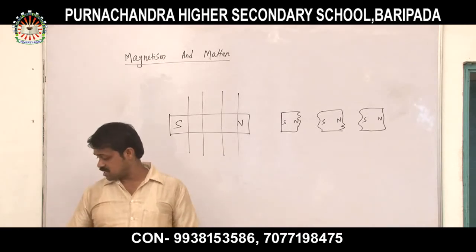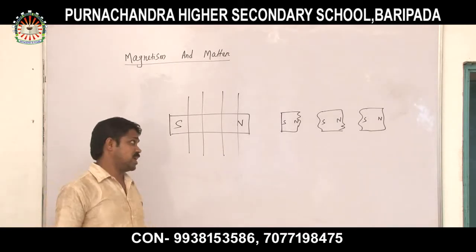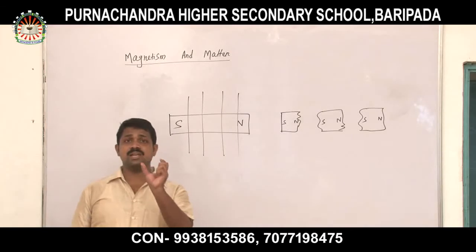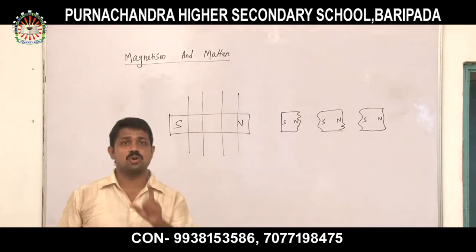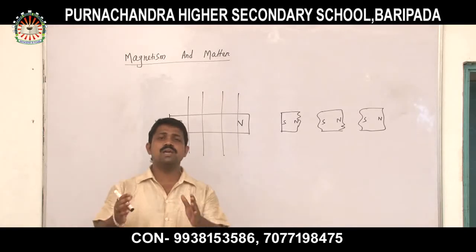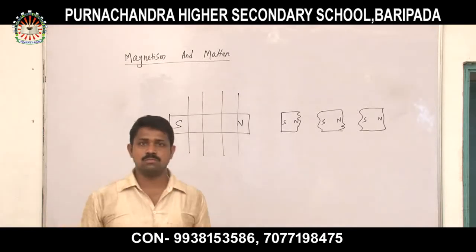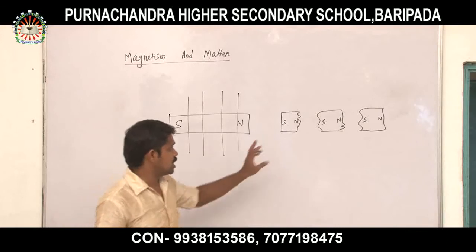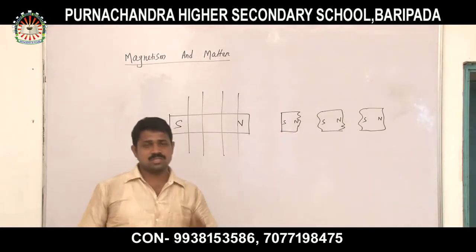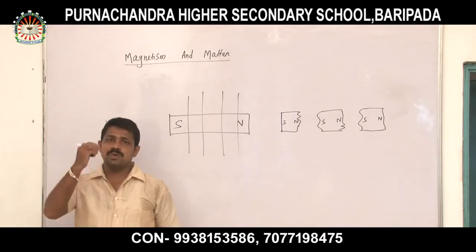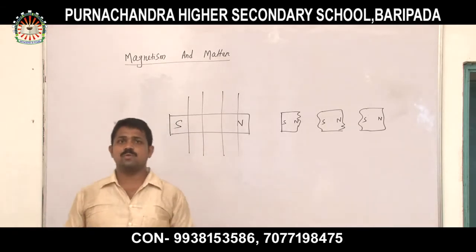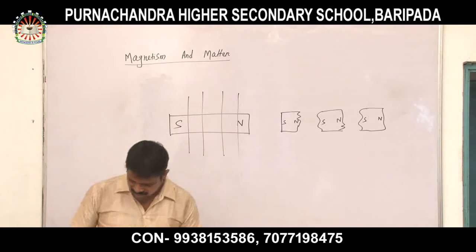But in the case of magnetism, there is no existence of a monopole. There must be a dipole. There must be two polarities, one north pole and one south pole. So a single pole does not exist. Understood? So these are the few very important points we have to know about magnetism.